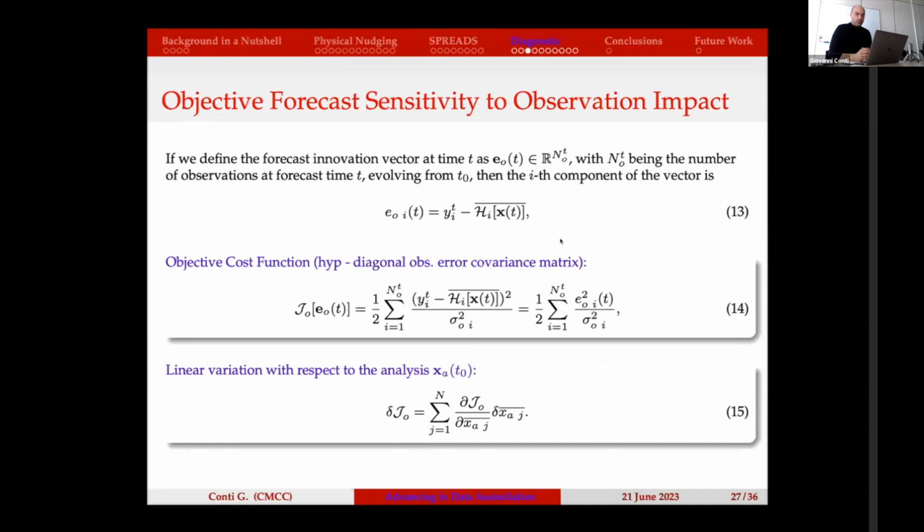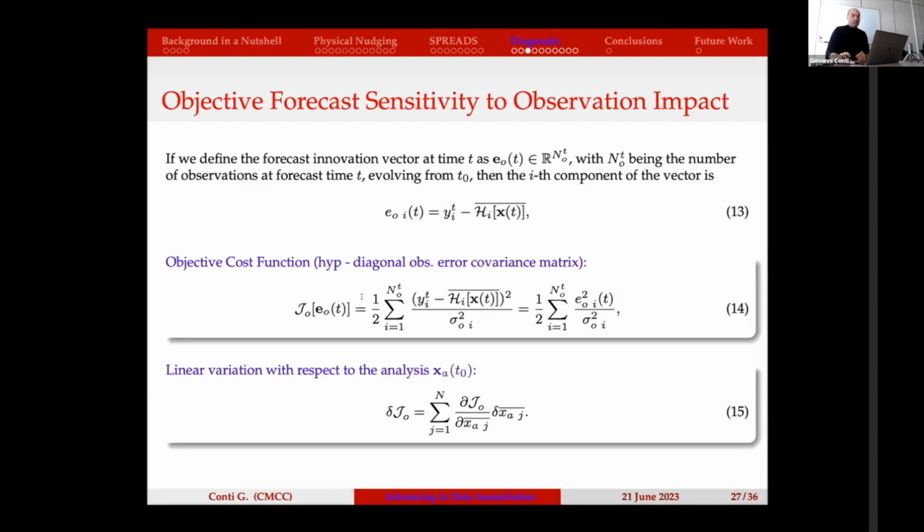And in fact, what we do is introduce this vector E. That is nothing more than the difference between the observation at the forecast time and the average of the simulated observation at the forecast time. So we have our ensemble of forecasts. We compute the simulated observation from each member, and we take an average, and we do the difference.